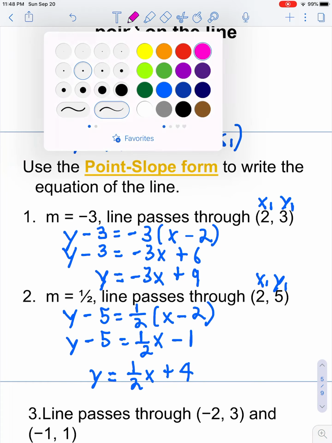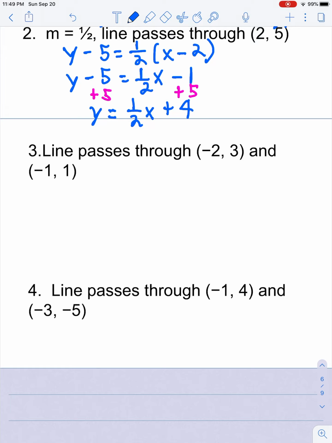Now, the next two examples, they give us slightly different information. They say the line passes through (-2, 3) and (-1, 1), which is 2 points. Unfortunately, we don't know the slope. So the first thing we're going to need to do is find the slope of the line that passes through our 2 points. And it doesn't really matter the order I subtract.